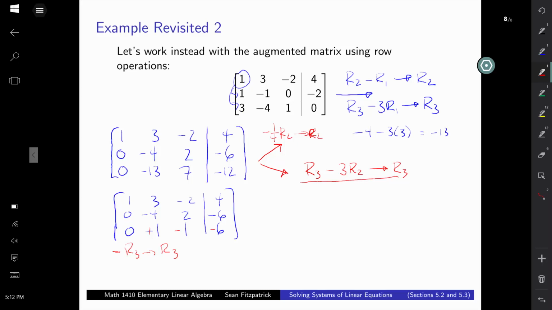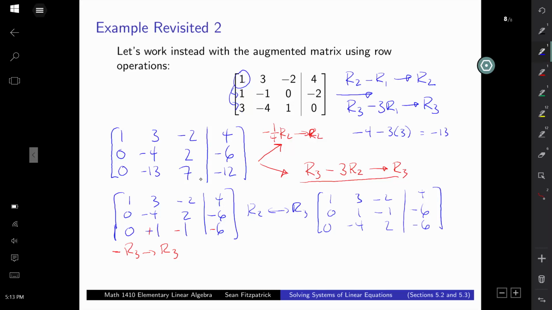Then the next thing I'm going to do is exchange row 2 and row 3. 1, 3, minus 2, 4, 0, 1, minus 1, minus 6, 0, minus 4, 2, minus 6.